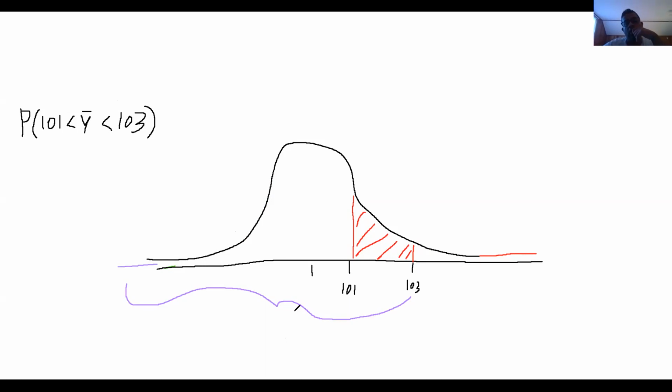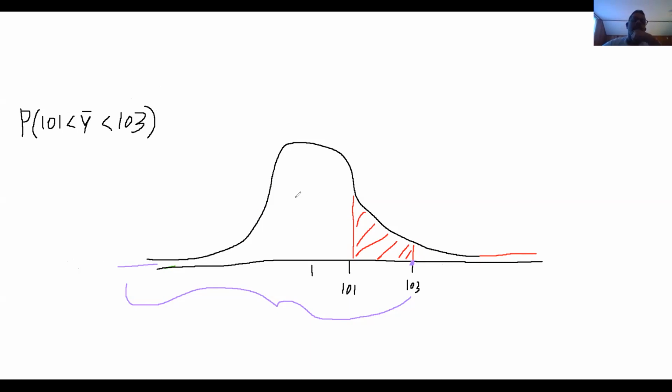I cannot just stop at 101, because remember that when you use Excel, or that table which I don't use, to find the area, it gives you the total area to the left. When you go to Excel and ask for the cumulative normal distribution at 103, Excel says okay, I give you the cumulative, which means everything.